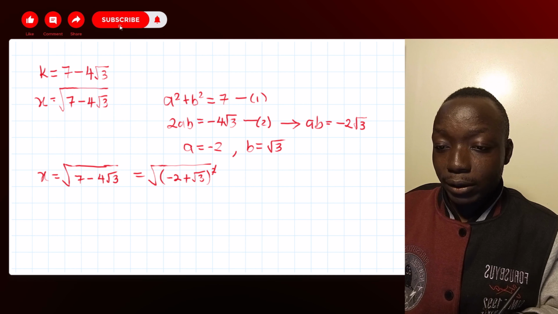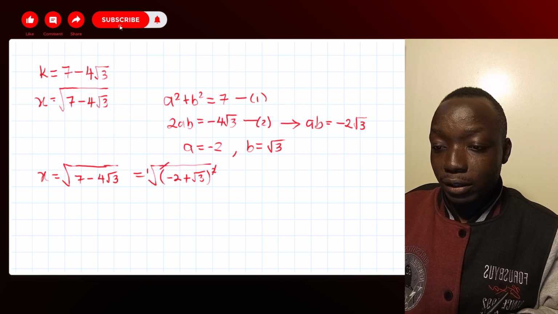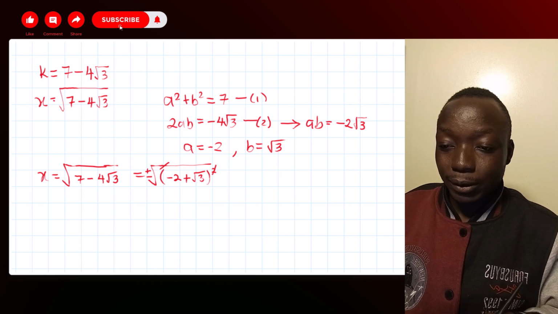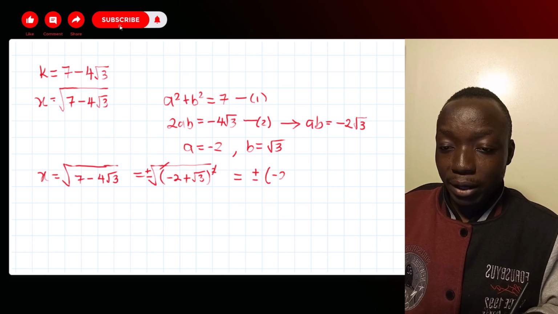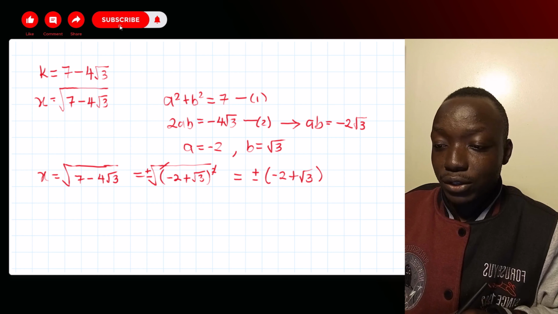So this square will cancel this square root. Of course, there's a plus or minus here, right? Whenever you take a square root. So we're going to have that x is equal to plus or minus, minus 2 plus square root 3. So this gives us two additional solutions for x.